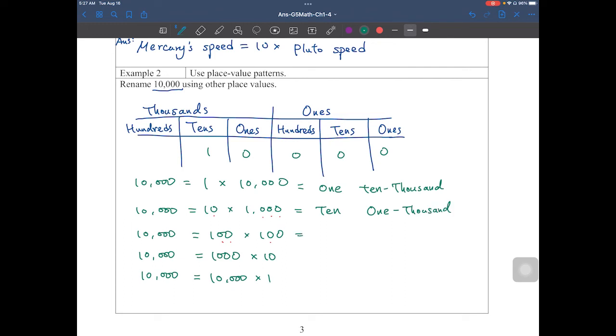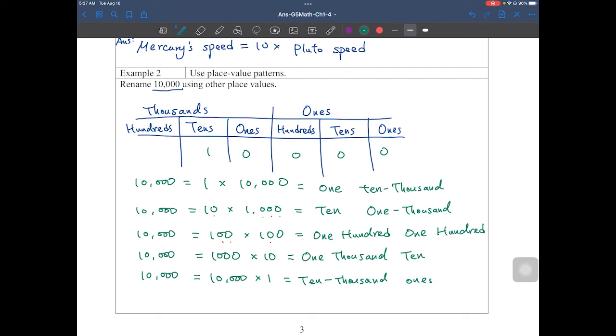This equals 100 hundreds. This equals 1,000 tens. And this one is 10,000 ones.